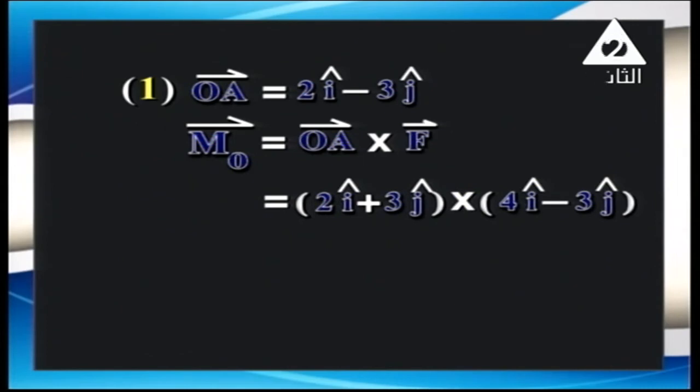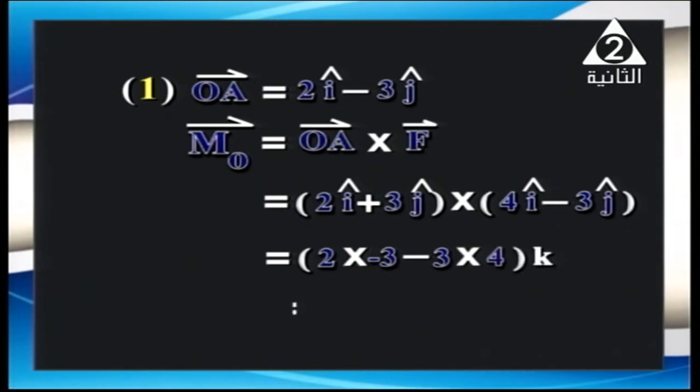In the cross multiplication, we multiply 2 times -3 minus 3 times 4, and the vector k, which equals -18k. This is the moment about the origin point O.